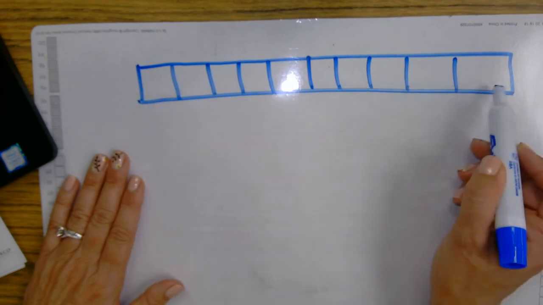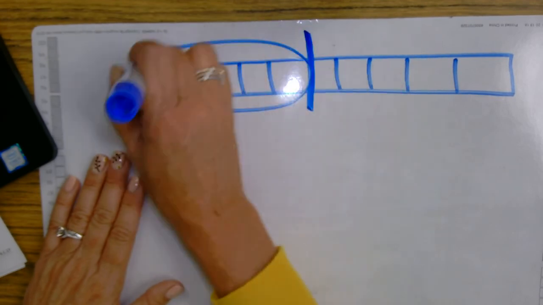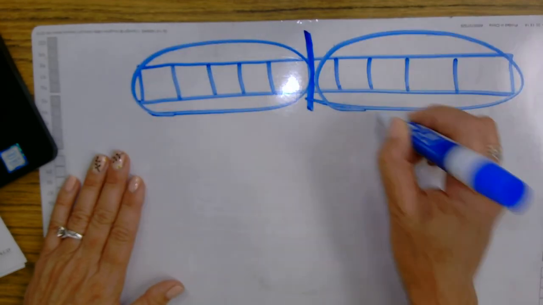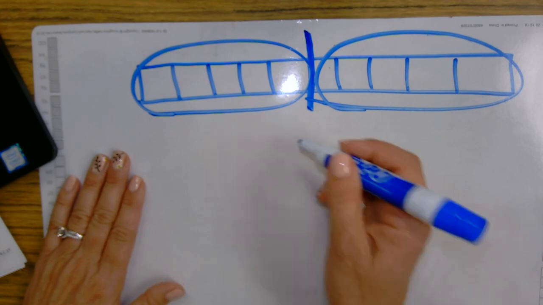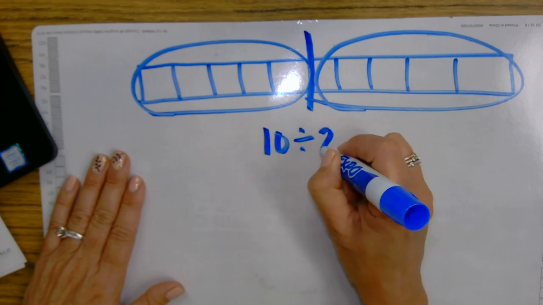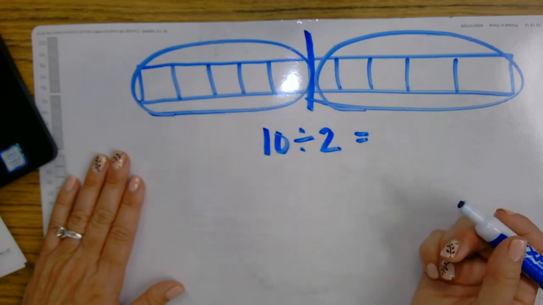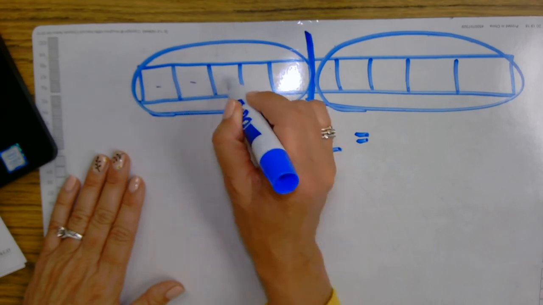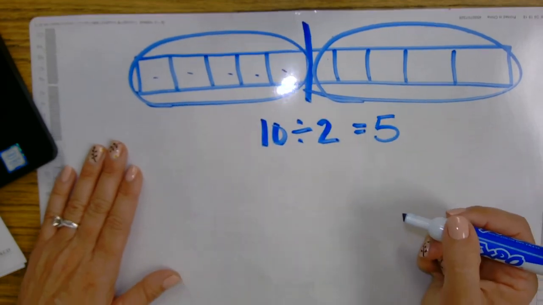So I have 10 altogether. How many equal parts do I have? So this is 10 divided into 2. How many are in each group? There's 1, 2, 3, 4, 5 in each group, right?